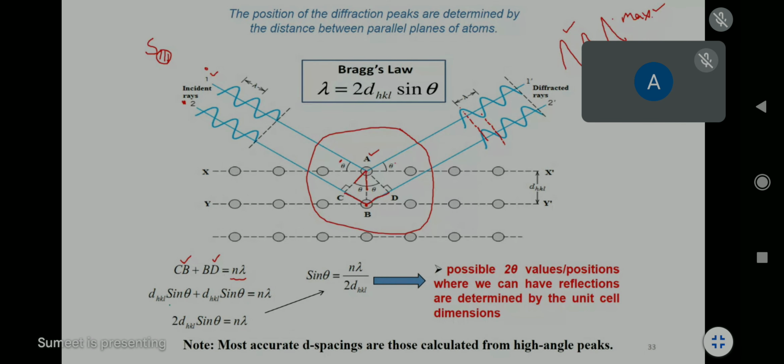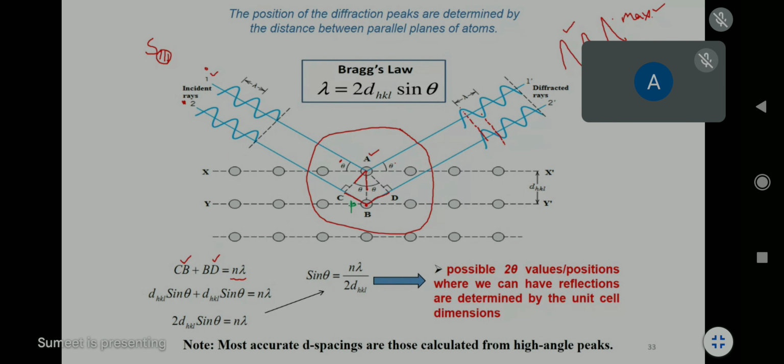Okay, now this CB, you can use simple trigonometry and find out the CB, because this will be the perpendicular opposite to this vertex angle. You can write this distance CB in the form of sine theta. Sine theta is perpendicular over hypotenuse.